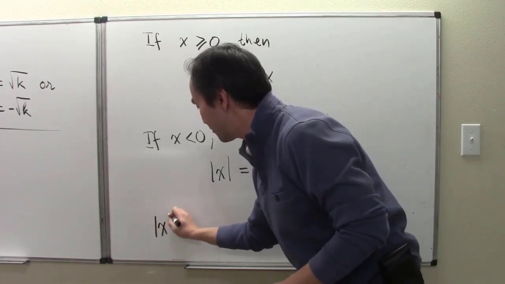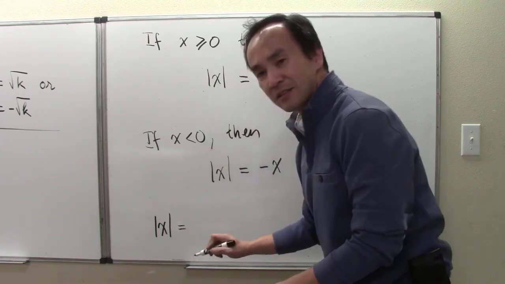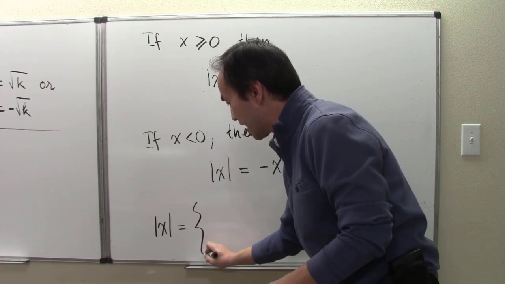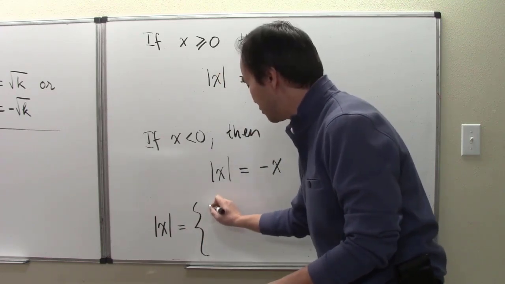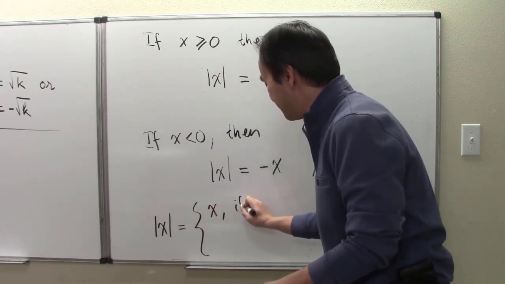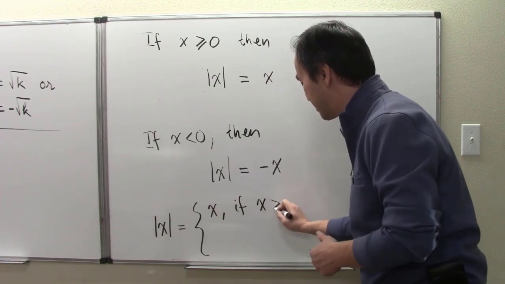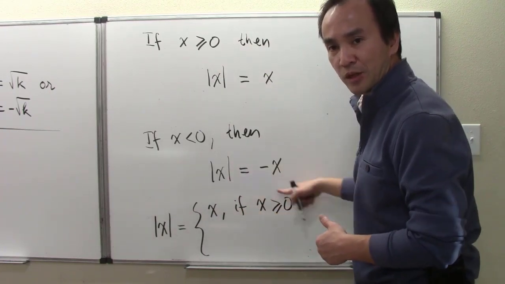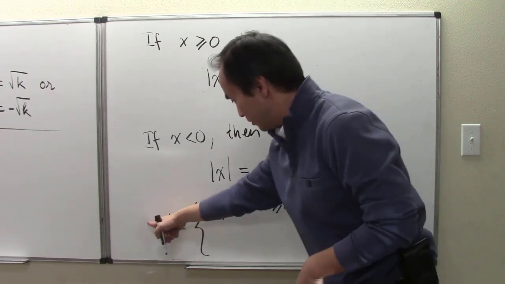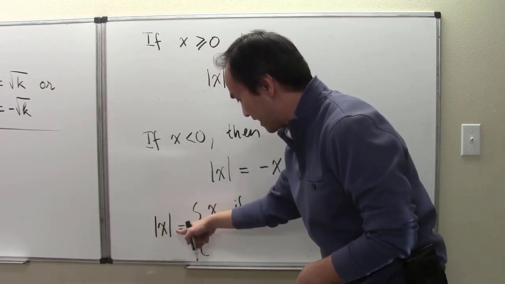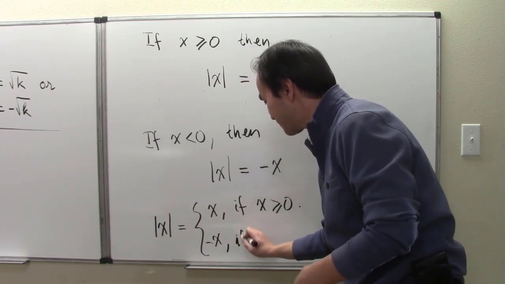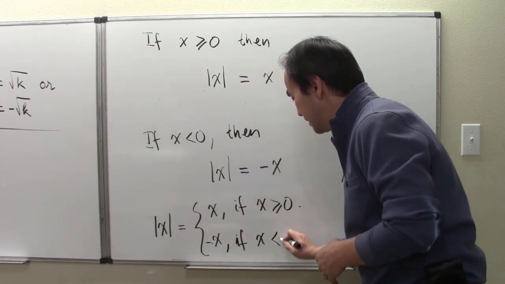Or for short, we have arrived from earlier courses the following result. Absolute value of x on one hand equals x if x itself is greater than or equal to 0. This is how I wrote that statement in a more organized way. Or absolute value of x will equal minus x if x is a negative value.